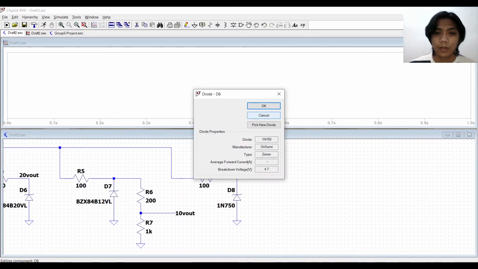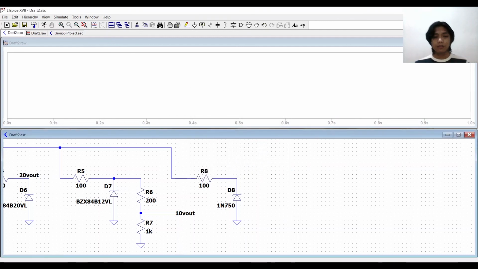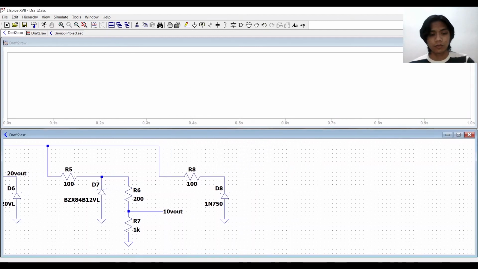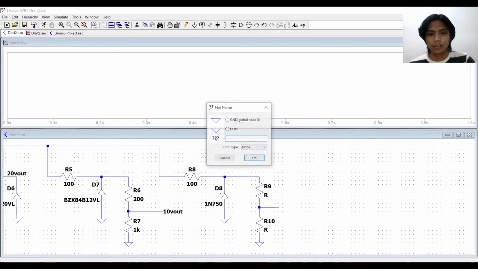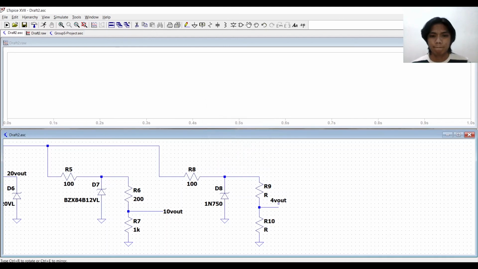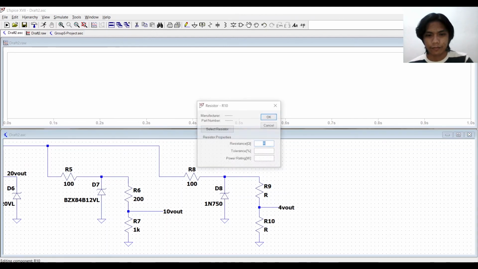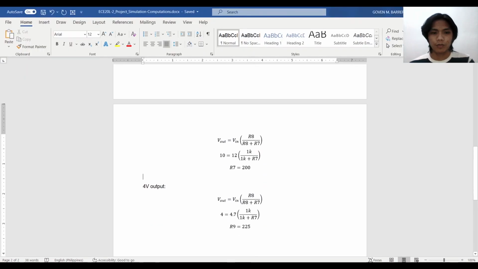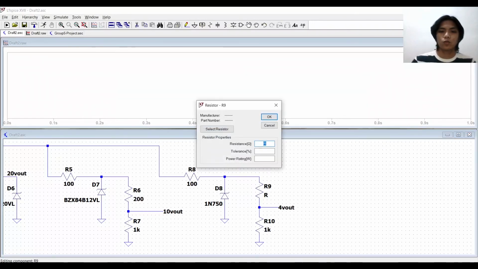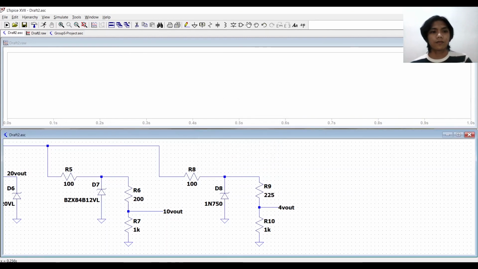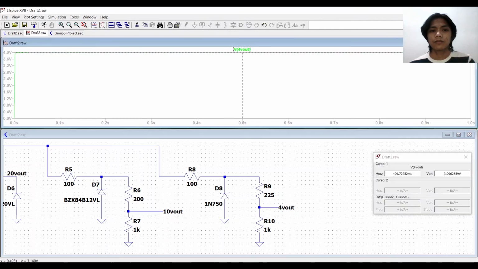So again, for us to reach a voltage output of a flat 4 volts, we would have to again build a voltage divider. Output. From what we have computed, it is actually 225 ohms in order for us to get a result of 4 volts.